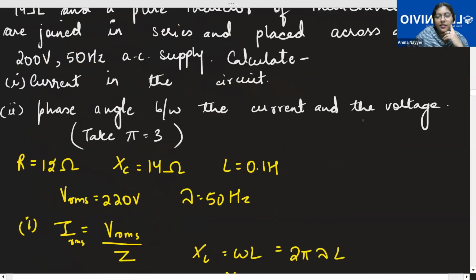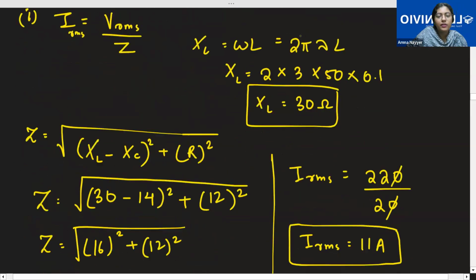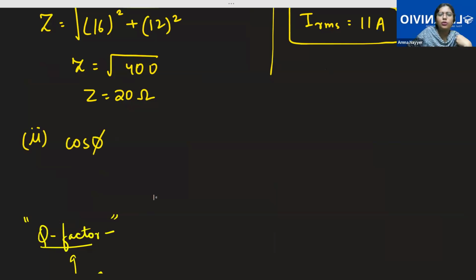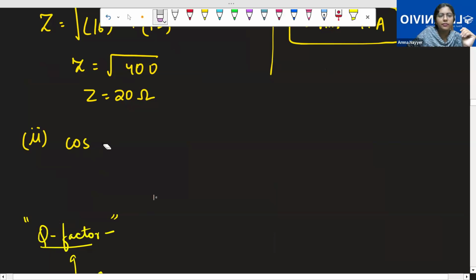Second part, calculate the phase angle between the current and the voltage. So for this, you can use any value for calculation of it. You can use cos phi, you can use tan phi. You are free to choose any value here. It's better you choose tan phi only.